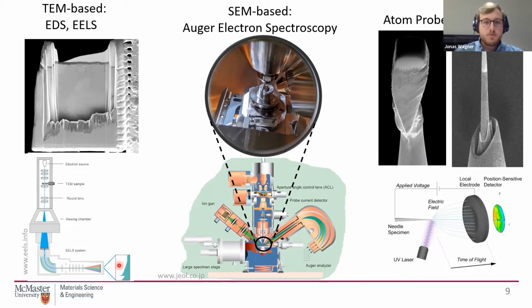Auger electron spectroscopy happens in an instrument that is very similar to an SEM. Everything happens in ultra-high vacuum. You can see here our primary electron source, and here, offset at an angle, we have our electron analyzer. Both you can see also here in the photo of the analysis chamber. So the sample really doesn't need any sample prep.